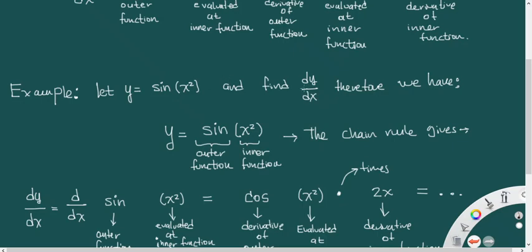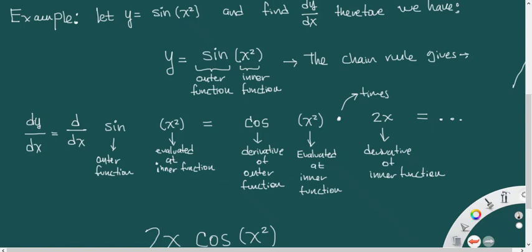So to find dy/dx, we have that y is equal to the outer function, which is the sine, and the inner function is x squared. Therefore, the chain rule gives us the following result. dy/dx equals the derivative of the outer function, which is the derivative of the sine, evaluated at the inner function. So we keep x squared as it is, but differentiate the outer part.